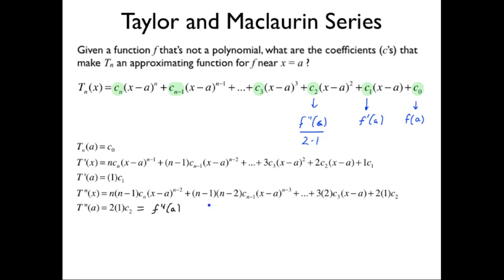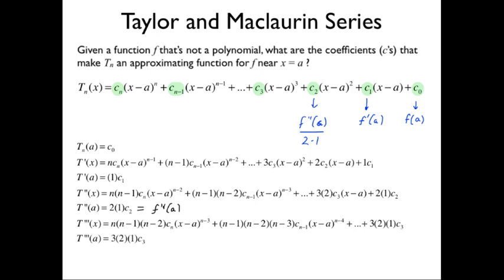And what will happen if I do that? If I make c2 that, then when I plug a into the second derivative, I'm going to get the right second derivative. I'm going to get f double prime of a. Okay? And we can go on like this. Here's the third derivative taken at a. And so what are we going to make c3 so that we get the right third derivative at a?